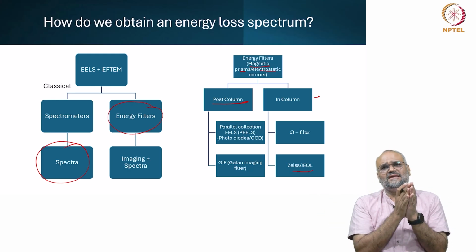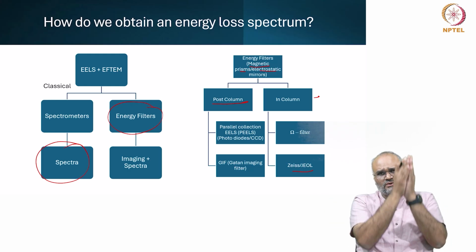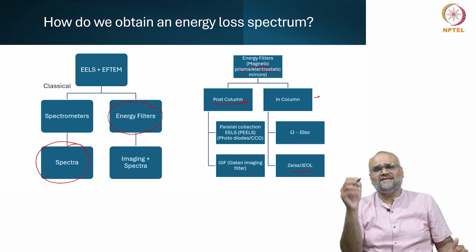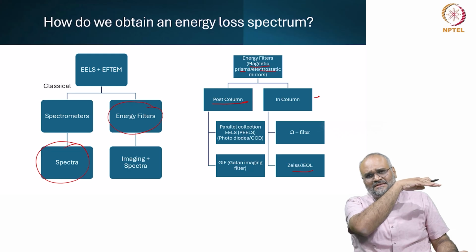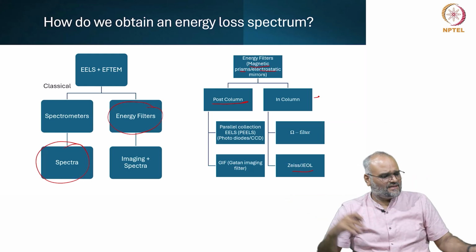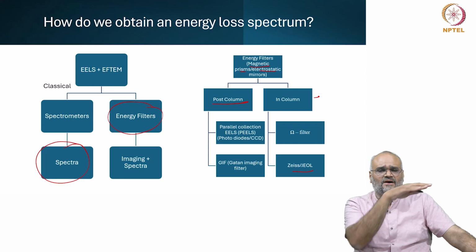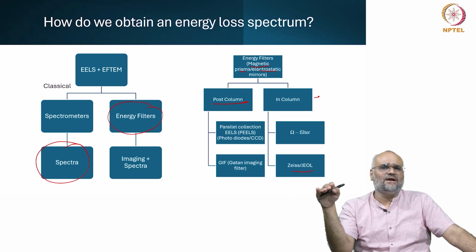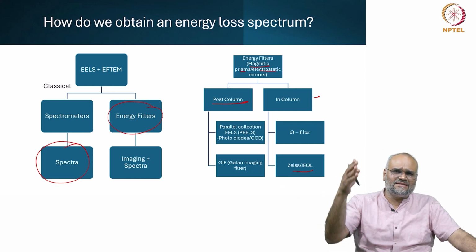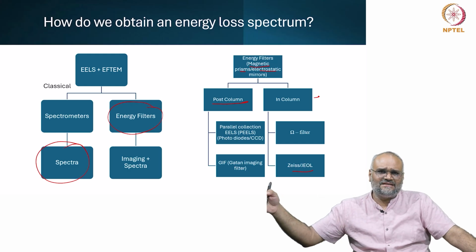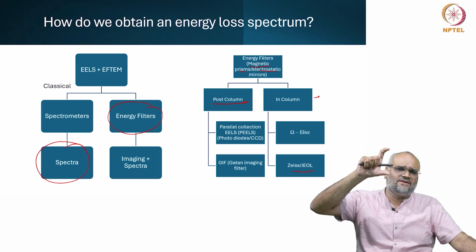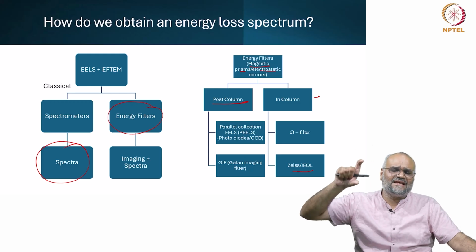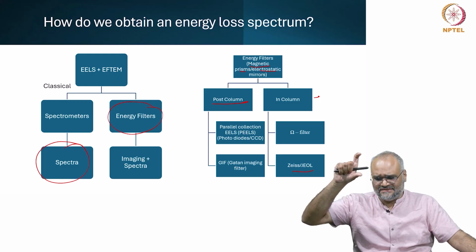You allow the electron beam to go through this kind of energy filter system, and you disperse the forward scattered inelastic electrons, as shown on the previous slide, on an energy window. On the x-axis you get the energy signature, and on the y-axis you get the number of counts of electrons that have undergone inelastic scattering at a specific energy.